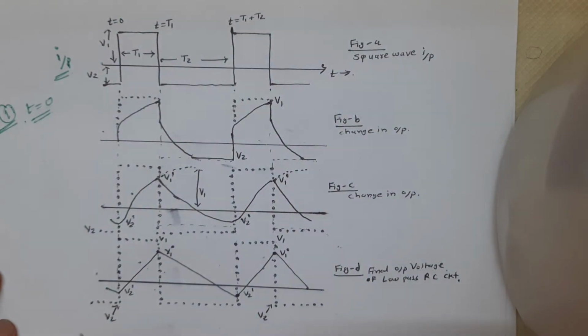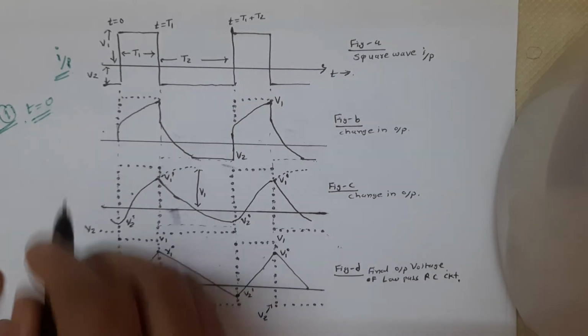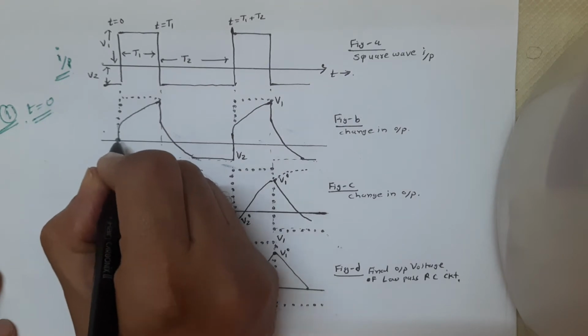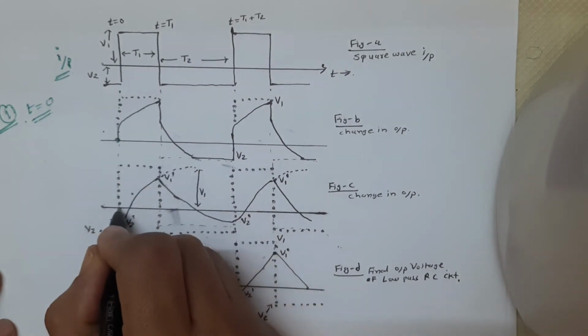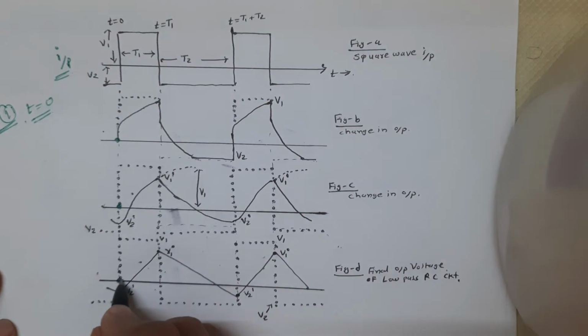There is no output at t equal to 0. We get the initial condition of 0 voltage.